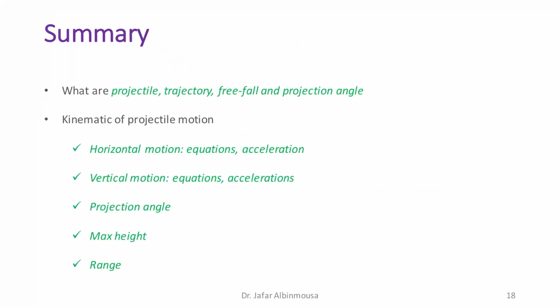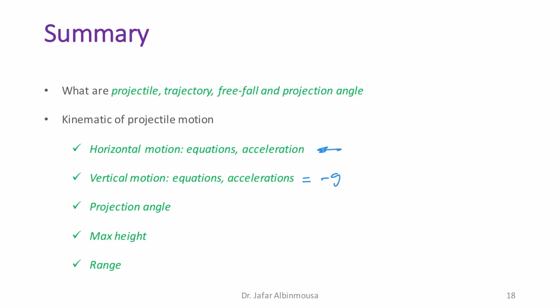To summarize, we defined projectile and trajectory. We also talked about free fall under the effect of gravitational acceleration and the projection angle. We described the motion in the horizontal direction and in the vertical direction, and we said that there is no acceleration in the horizontal direction, while the acceleration in the vertical direction is minus g.